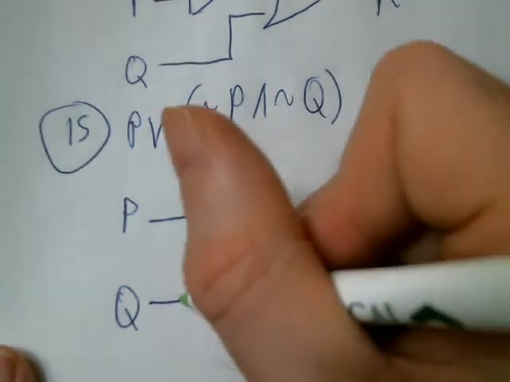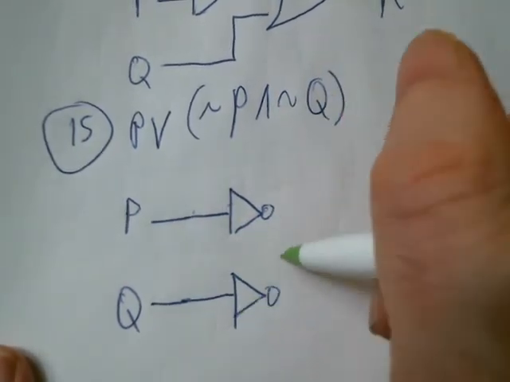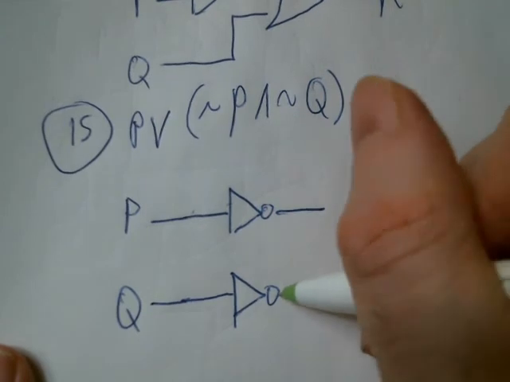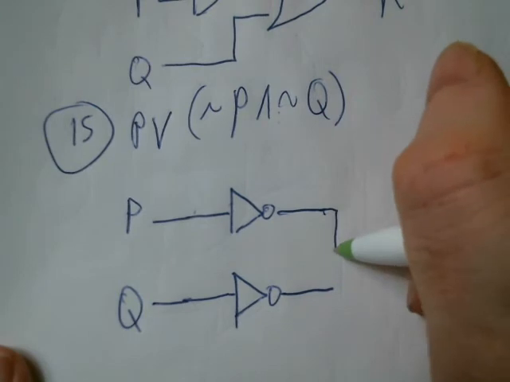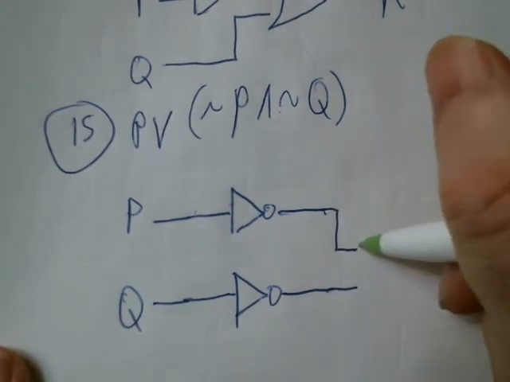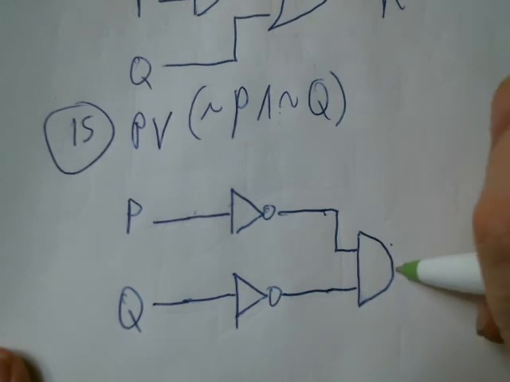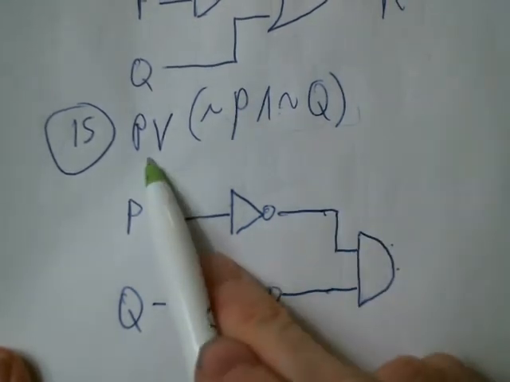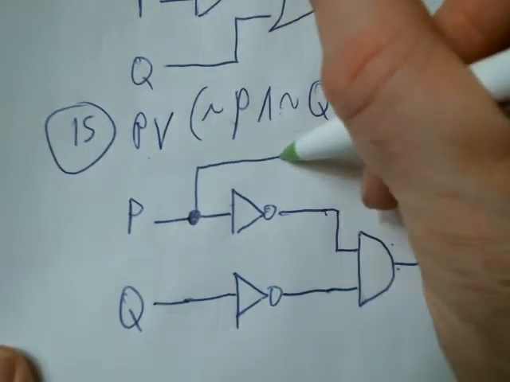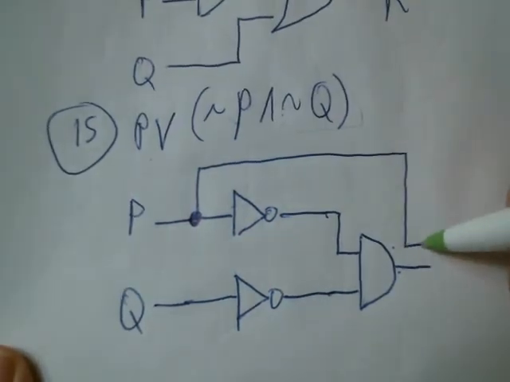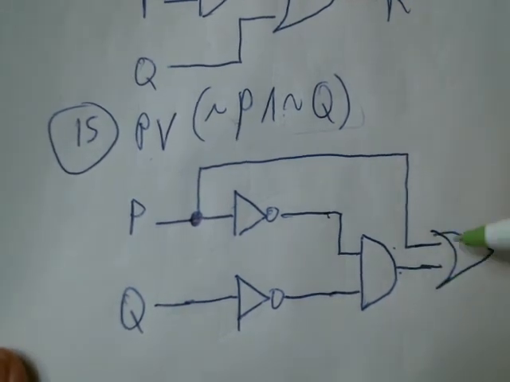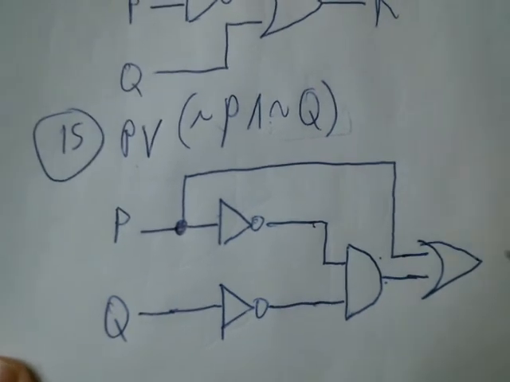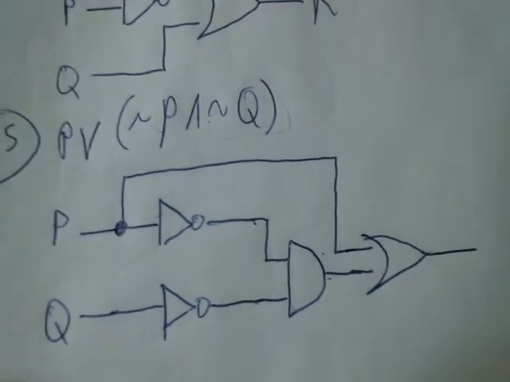I also need a not Q. And then these are being connected together with an AND. So I'll just do it like this. And then I'm connecting these together with a P. So I'm going to need to solder in another wire right here for this P. Make it go down here. And then we're doing an OR. And then it goes to your output. And there it is.